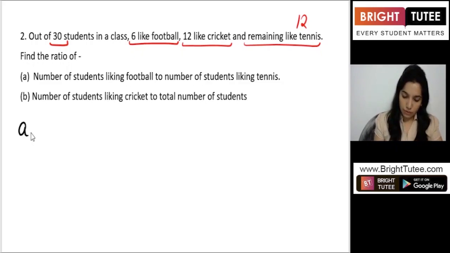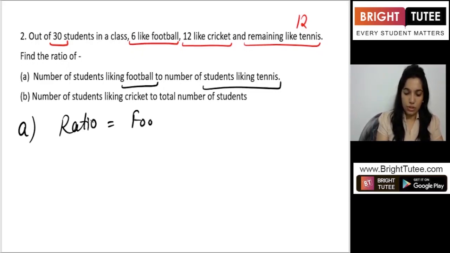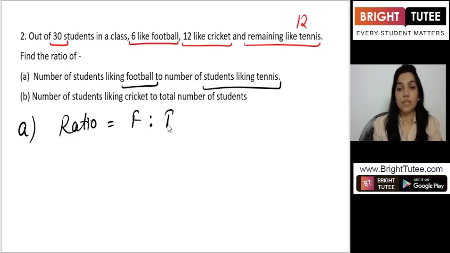In the first one, we need to find the ratio of the number of students who like football to the number of students who like tennis. So let us write the ratio of football, F, to tennis, T. Clearly the number of children who like football is 6 and the number who like tennis is 12.